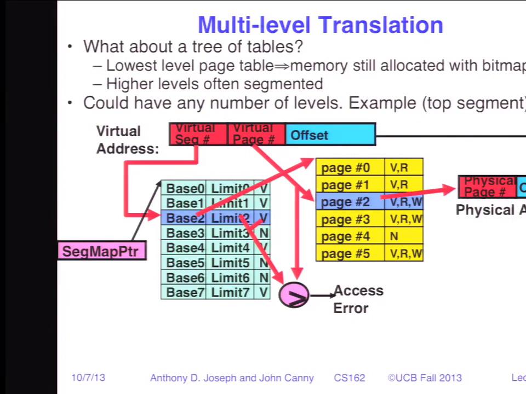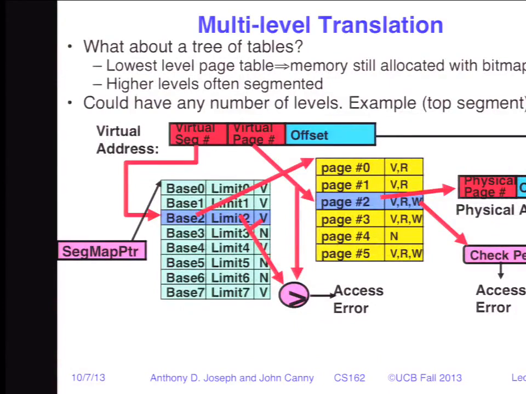Then we have to check the page table entry here. So we actually have to check to make sure it's valid, and we have to check that we're actually accessing it the right way. So for example, this one's marked read write, but if we tried to write to page 0, we'd have to generate an error because that page is marked read only. Okay? Everybody follow?